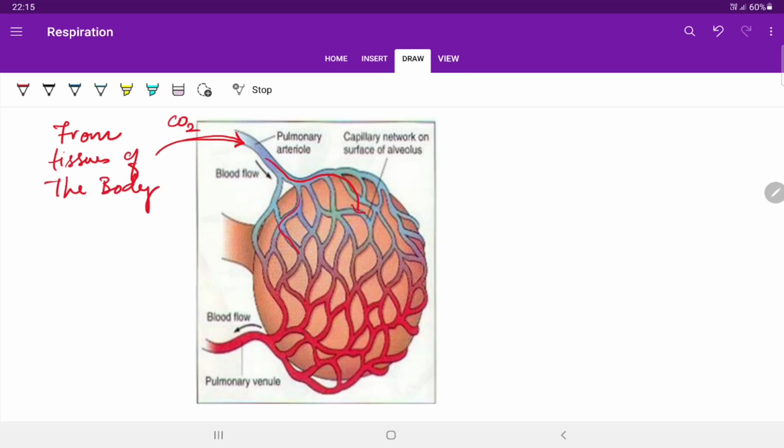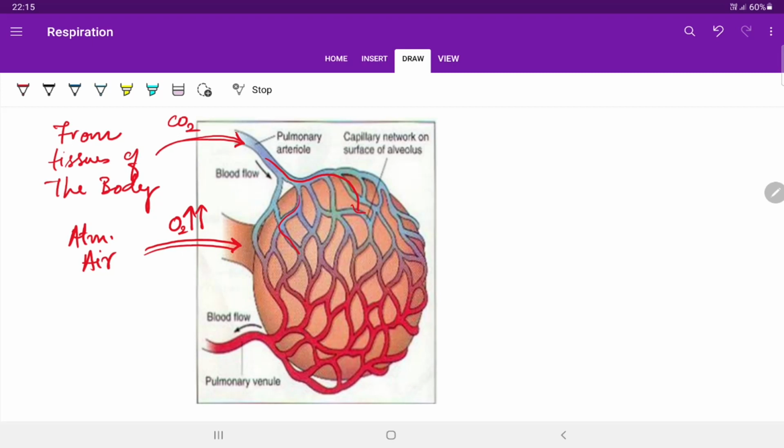The alveolar sac has received atmospheric air. Okay, this is the bronchiole, right, a branch of the bronchiole, and it has received what? It has received atmospheric air which has oxygen in higher concentration. And the oxygen, which is in higher concentration, reaches the alveolar sac and gets exchanged with the blood.